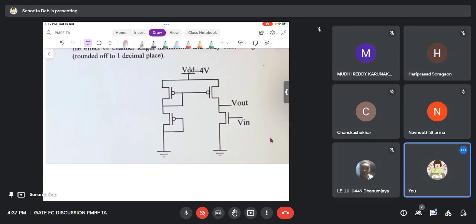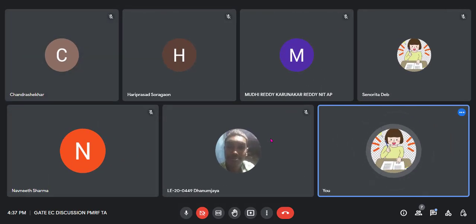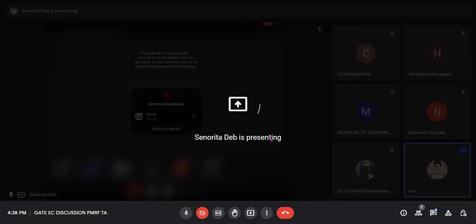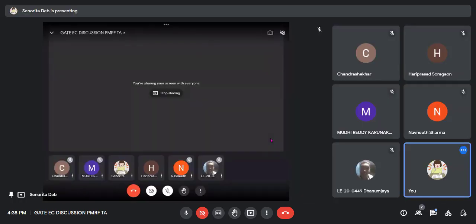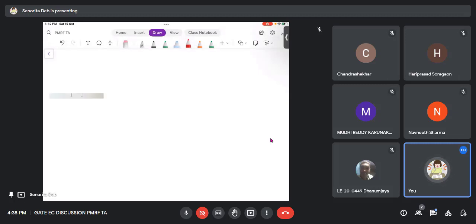You see, this kind of circuit is there to bias your transistors.